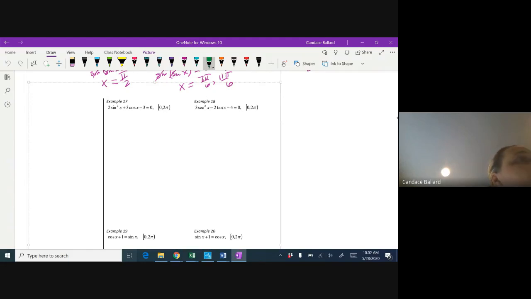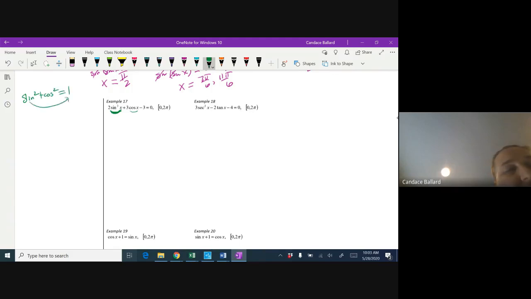Actually, I want to replace first. I'm going to use a trig identity and then do some factoring, because look, these two don't match, and I want them to match. I know I've got a Pythagorean identity that says sine squared plus cosine squared equals 1.